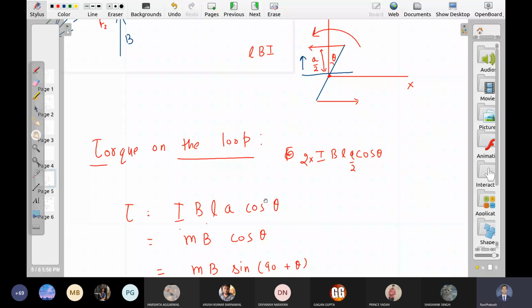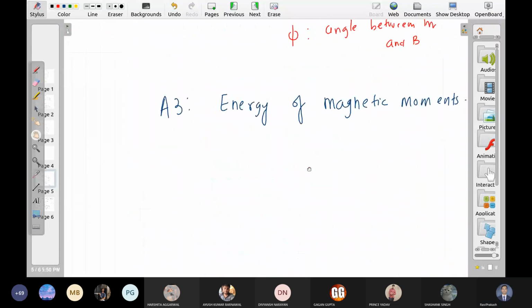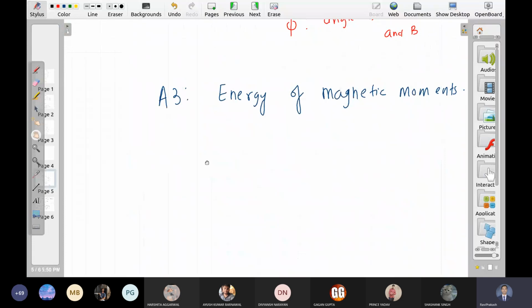How much work will we have to do in rotating it? So let us calculate the work done in rotating from phi 1 to phi 2.